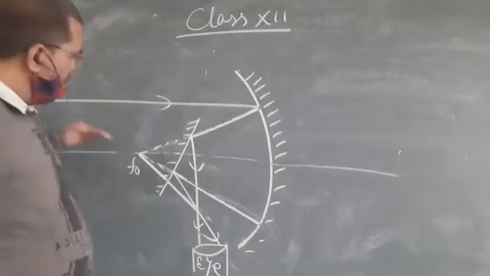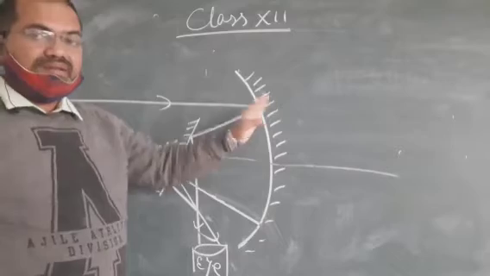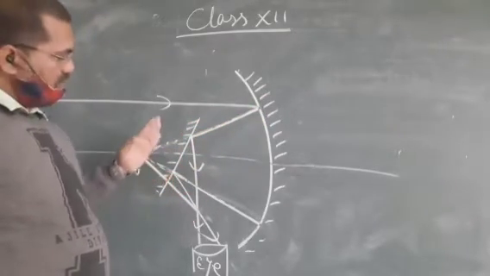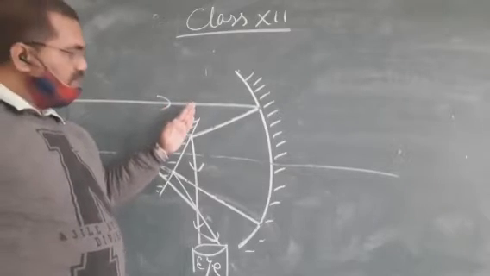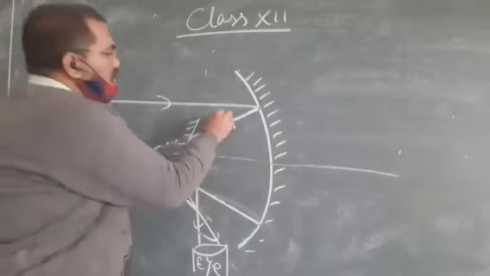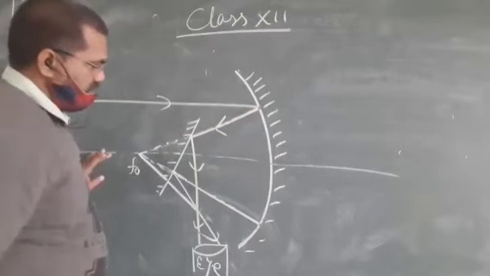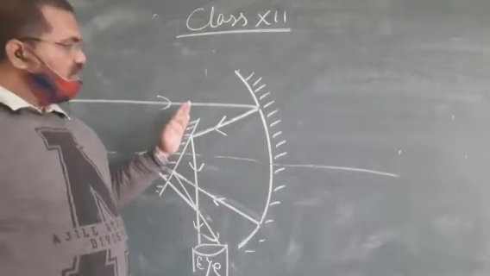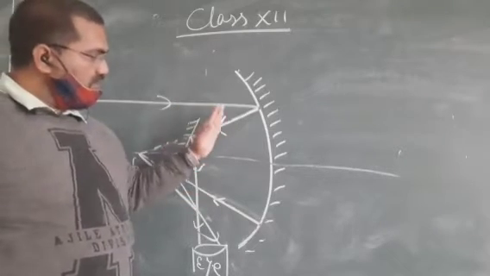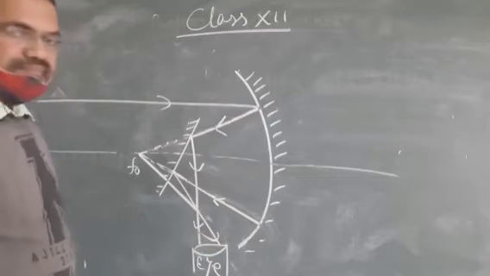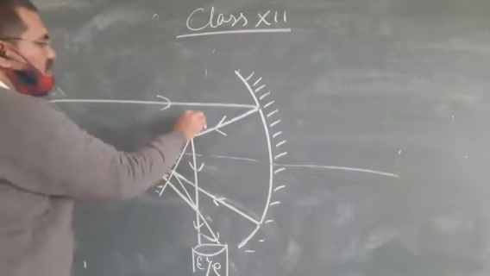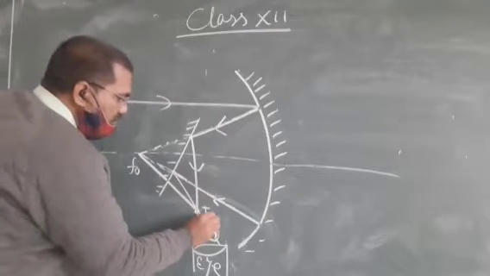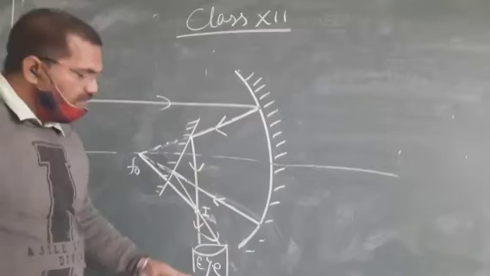Incident ray falls on the concave mirror, and after reflection from the concave mirror, a plane mirror is kept in between the reflected rays of the concave mirror, and the image is formed at this point, which is seen by the eyepiece.